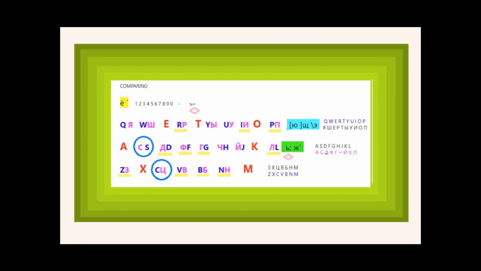Жаба in Russian, and жук, beetle in Russian, ж. Жужжать, it's the sound, zh, which these heavy, big insects make, the same Russian consonant, zh.